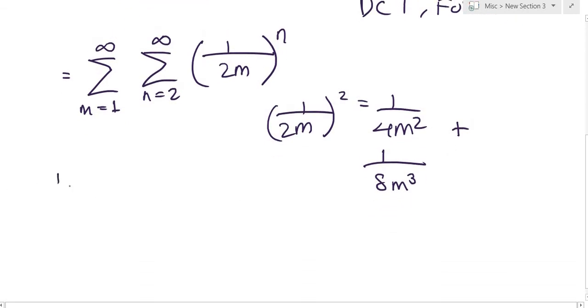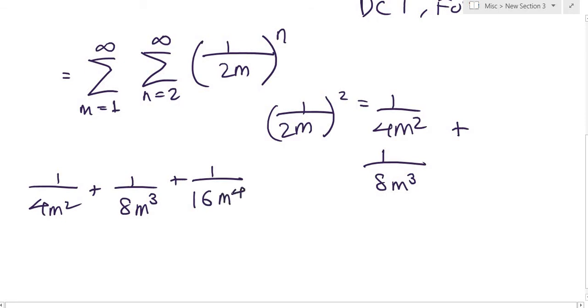So it's going to be something like 1 over 4m squared plus 1 over 8m cubed plus, when say n is 4, 1 over 2 to the 4th power, 16, times m to the 4th power, and then 1 remains unchanged, 1 to the nth power is just 1. This goes on till infinity.